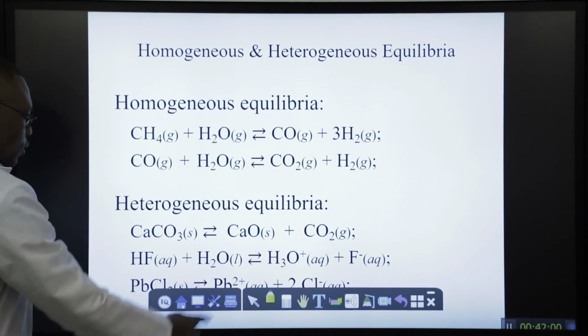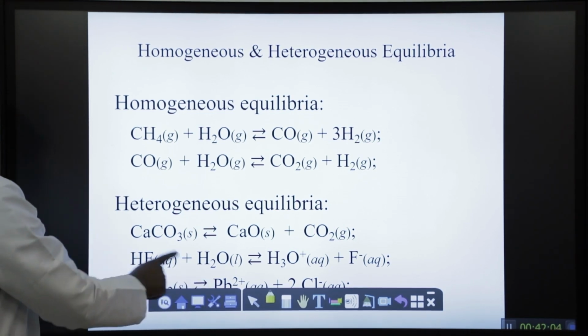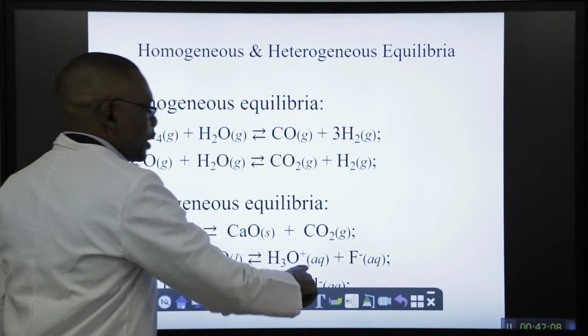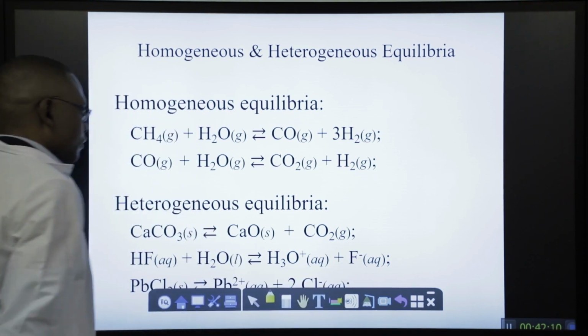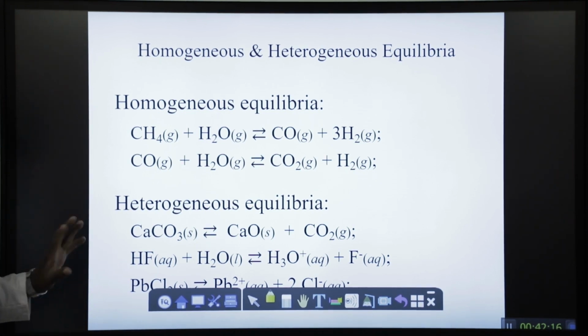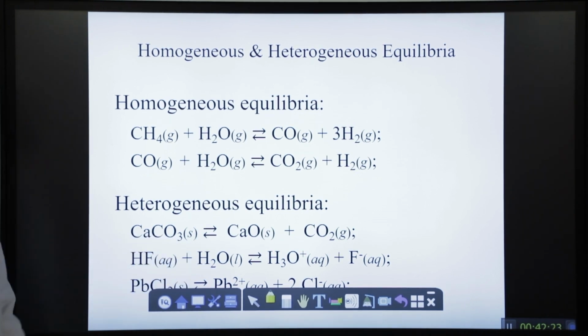If you look at this other one, we are saying hydrogen fluoride, an aqueous solution, reacts with water, a pure liquid, to give you a hydronium ion and a fluoride ion. So you will notice that whenever we have species that exist as solids or pure liquids, we do not include them in our equilibrium expression.